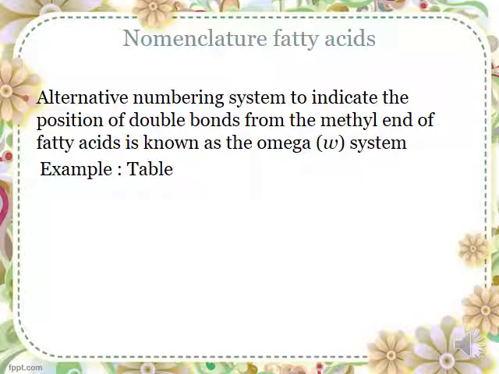The omega system is useful in the context of human diet because it classifies the position of the double bond closest to the omega carbon. The omega carbon is counted from the methyl end.